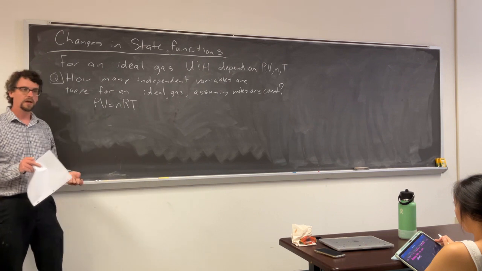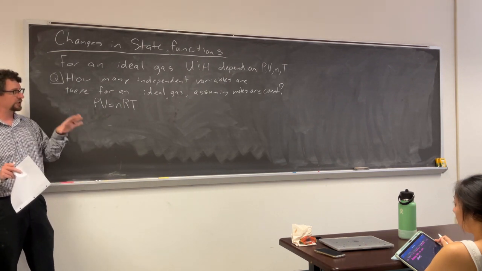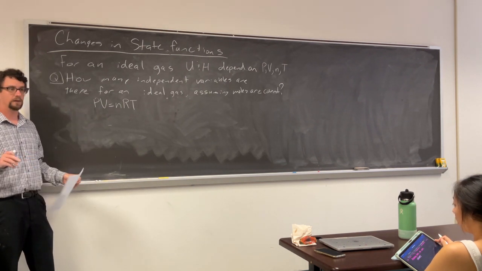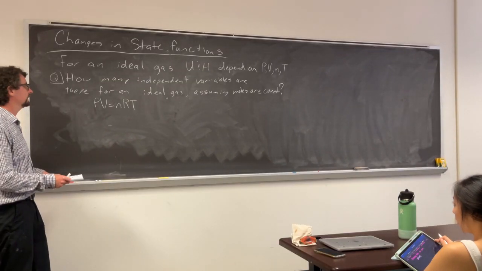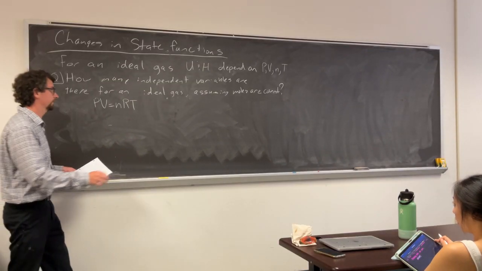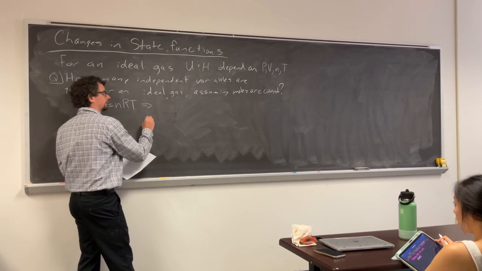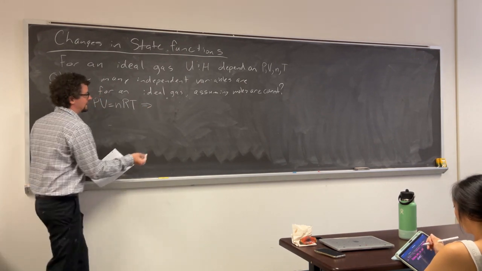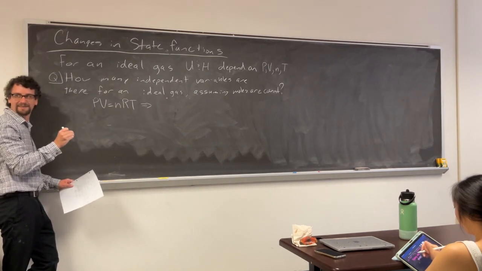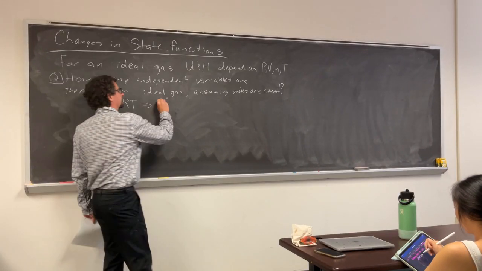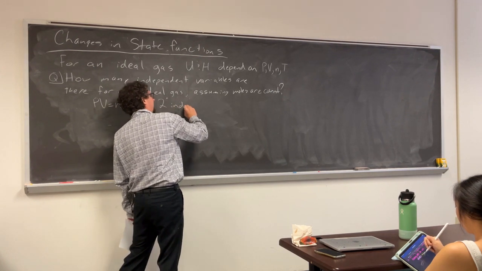Pressure and temperature. So right now, with our conditions of constant moles, how many independent variables do we have? We technically have 3, but we're going to ditch that n. So we got 2 independent.